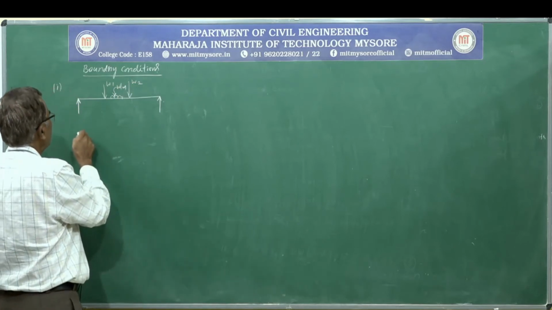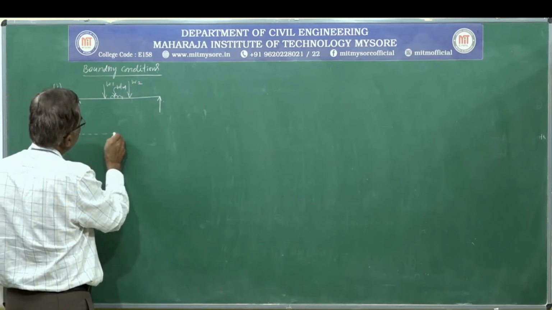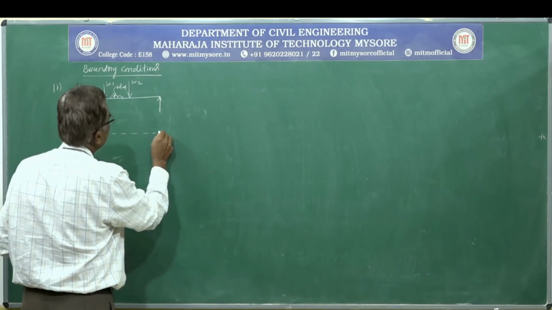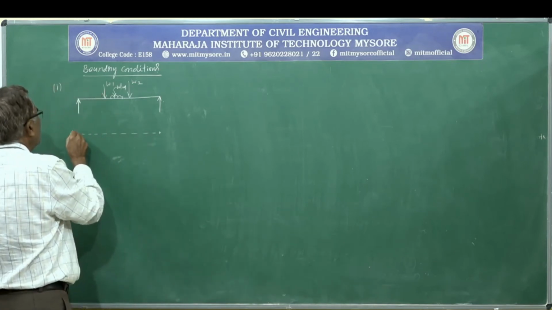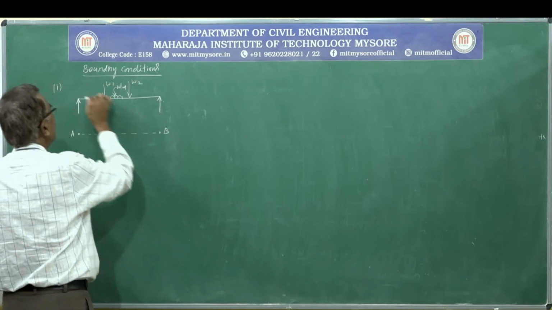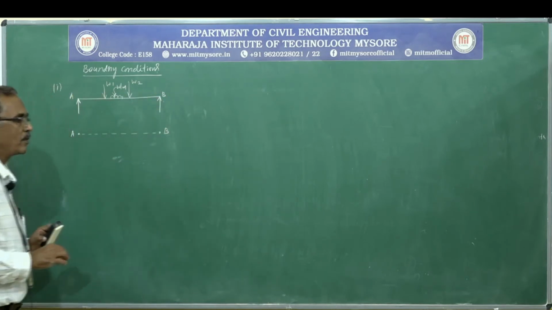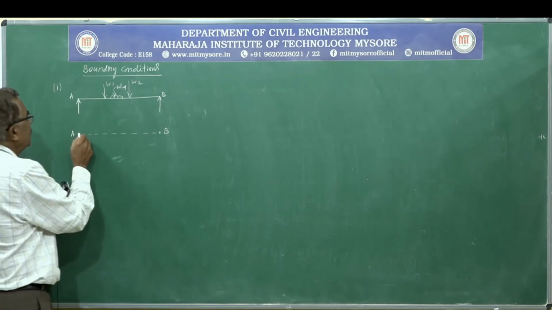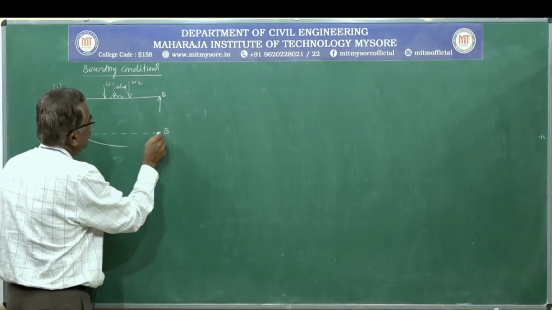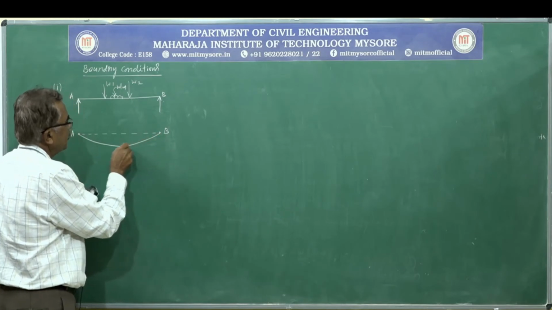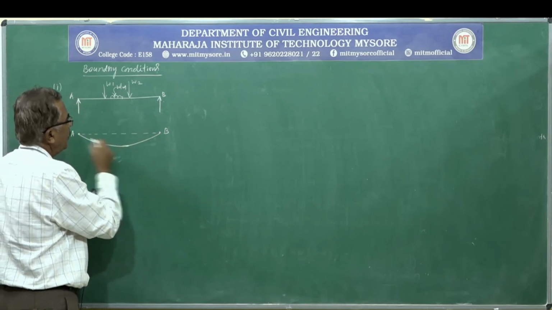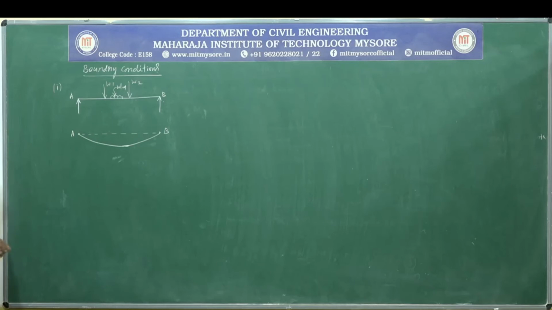Here the deflection, say points A and B, this is A and B. The beam will deflect like this after the development of bending moment.